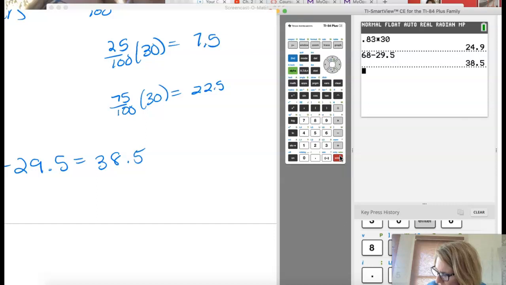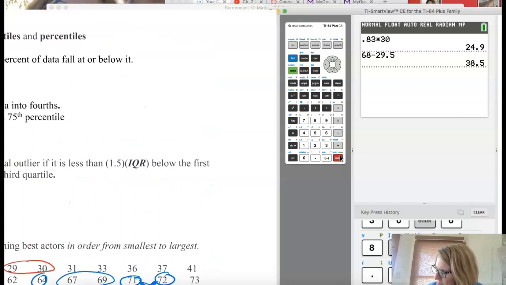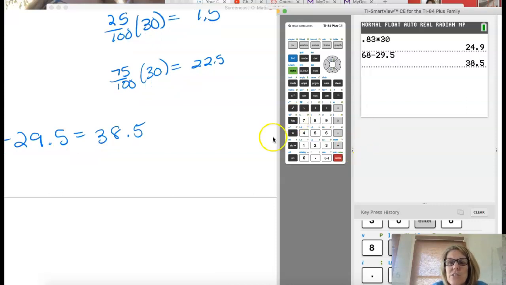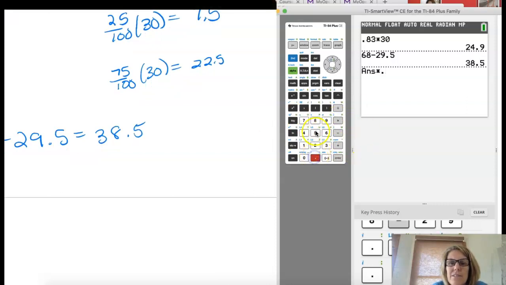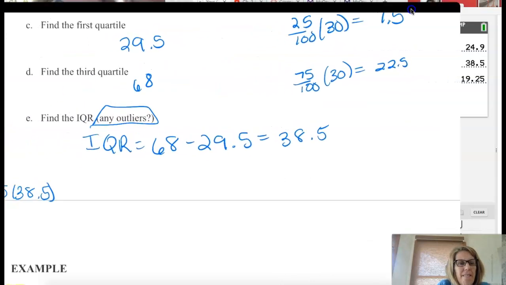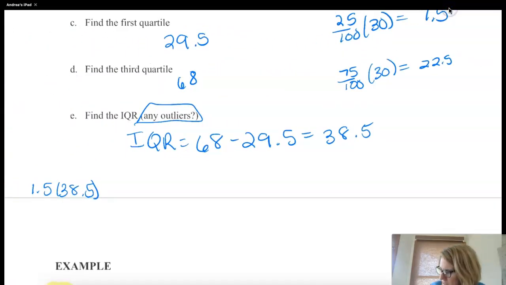If we do 1.5 times 38.5, remember this formula back up here? We're going to multiply that interquartile range times 1.5. So we get, I'm sorry, I didn't realize you couldn't see my screen here. 57.75.